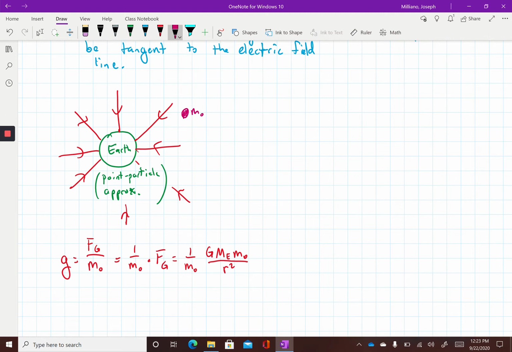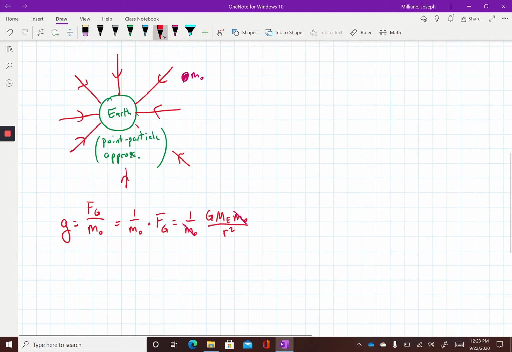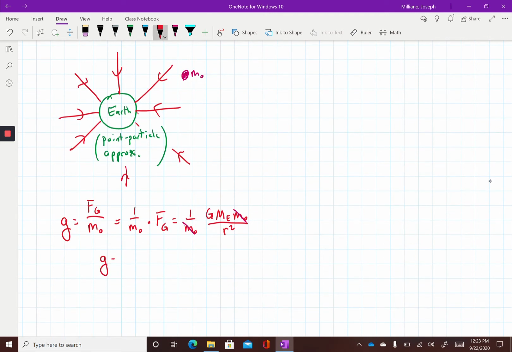Now, we're looking for a result independent of the test mass, regardless of what it is, which is why we divided it out. What we're left with is the general equation for a gravitational field, which is big G times the mass of your central body, the Earth in this example, divided by r squared. If you plugged in the radius and mass of the Earth, you would end up with 9.8.